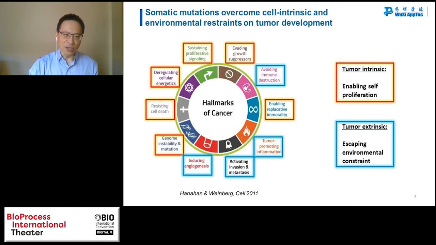We all agree cancer is a genetic disease. Somatic mutations accumulate in adult cells over time to drive intrinsic cell proliferation, as well as allowing the cancer cells to overcome environmental constraints.